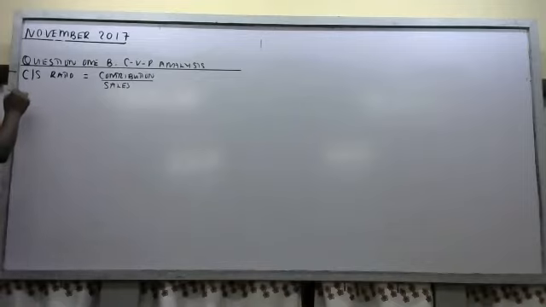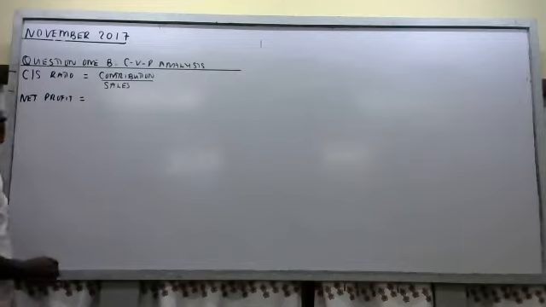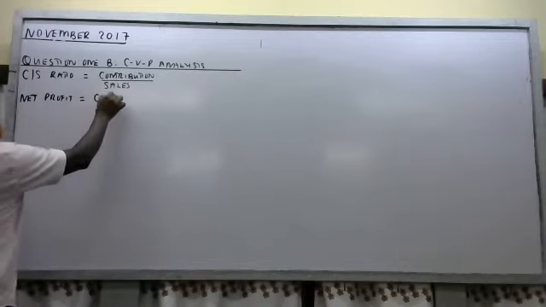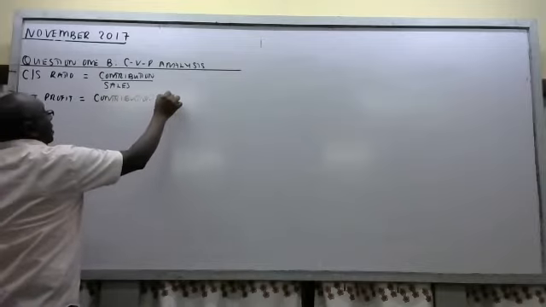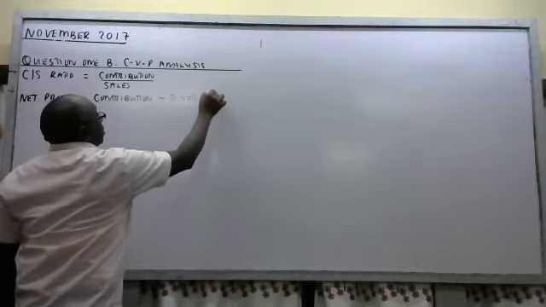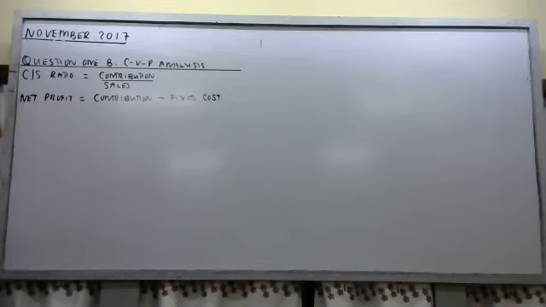So if you are looking for net profits, we know it is the contribution minus fixed costs.